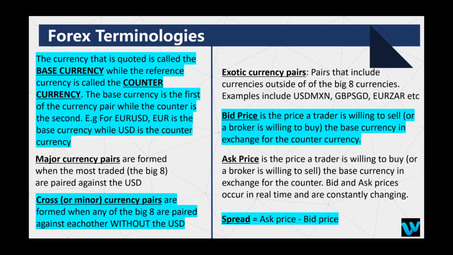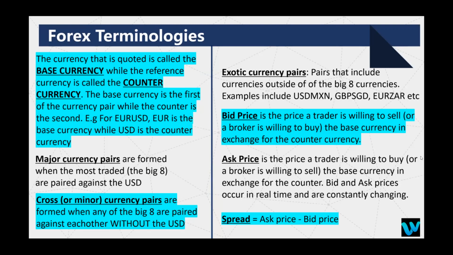But let's lay out the definition. When you pair the big eight major currencies, like the United States dollar and the Japanese yen, with the US dollar, it's called a major currency pair. But when you pair those currencies against each other, they are called cross or minor currency pairs.